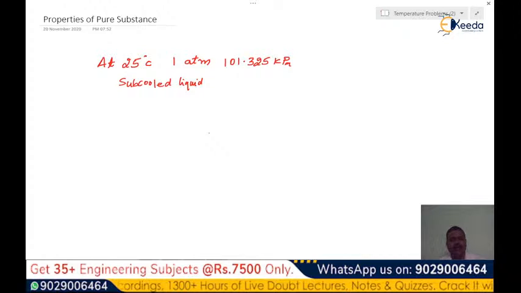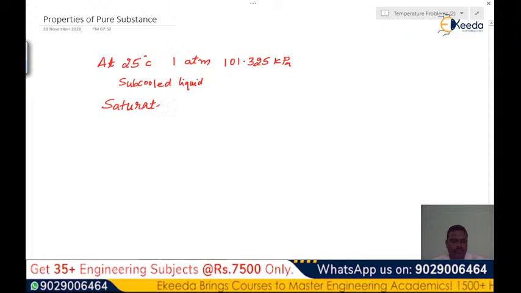So at 100 degrees Celsius and 1 atmospheric pressure, it starts changing its phase from liquid to vapor, and water at 100 degrees Celsius is called saturated liquid.